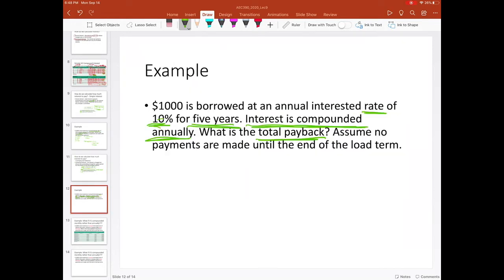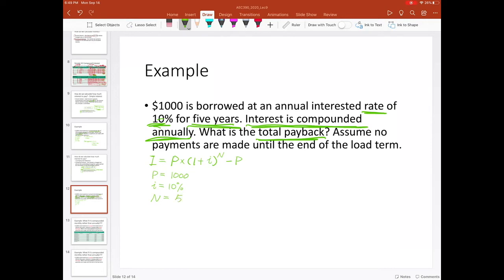If it's compound interest, I is P times (1 plus the interest rate) to the power of n, minus P. And based on the given condition, we know P is 1,000. i is still 10%. N is how many times you calculate the interest. Because it's an annual interest rate, it's calculated every year, and you have 5 years in total, so the N is 5.